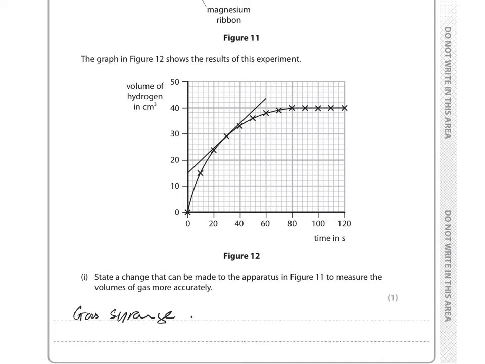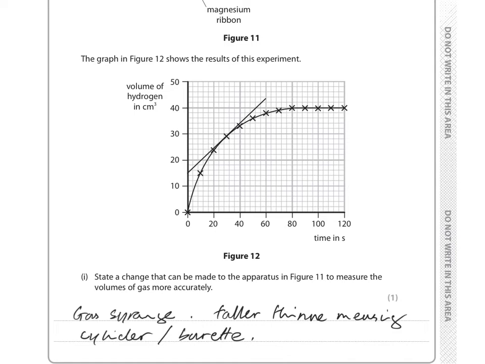Or you could use a taller, thinner measuring cylinder with smaller divisions on it, or a burette upturned, which was a bit of a tricky answer actually, and not many people actually got that one.